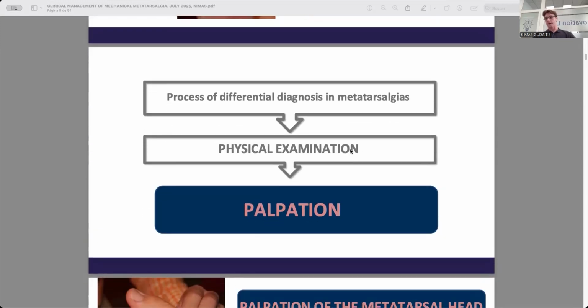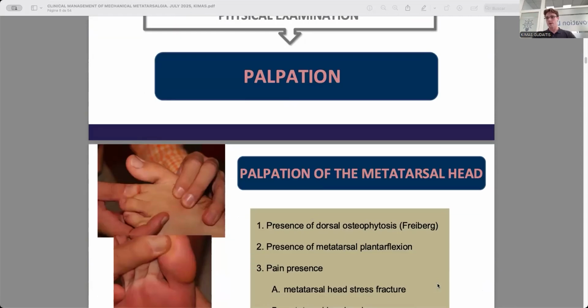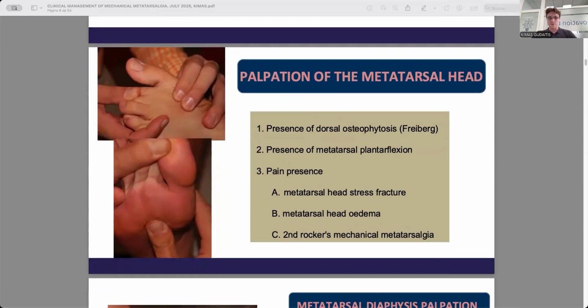Continuing with the physical examination, we are going to talk about the palpation. The palpation is a very important part of the clinical exam when we want to make a differential diagnosis. When a patient comes to the clinic with foot pain, it's important to have a list of possible causes in mind.